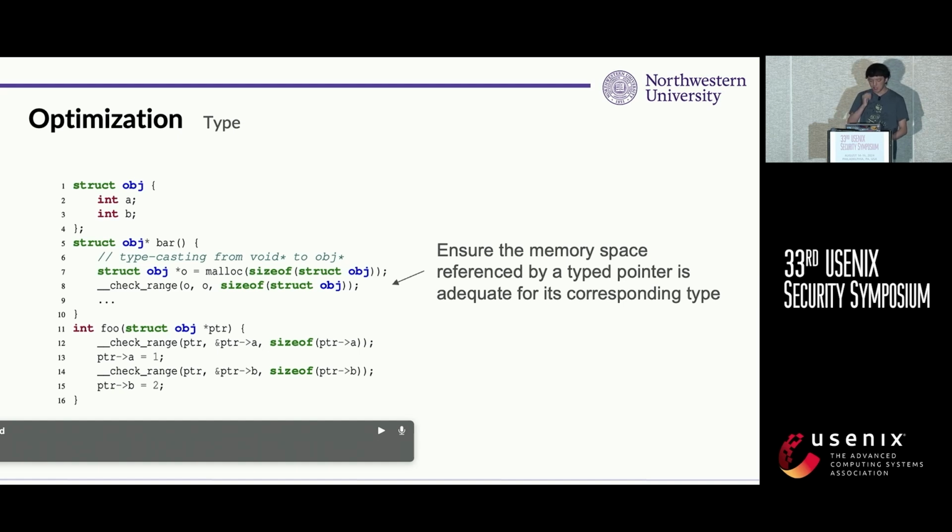So we know that for every live typed pointer, the memory space referenced by the typed pointer is always adequate for its corresponding type, because we always insert the checking instructions at the typecasting site. So after that, we can simply remove the checking for the pointer arithmetic instruction used to index the internal fields of the structure.